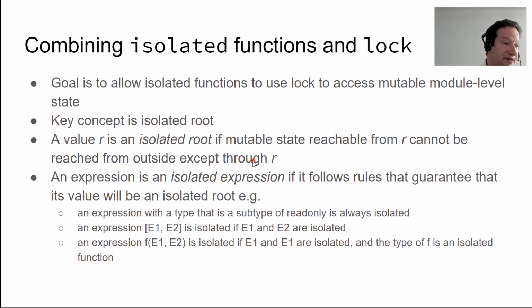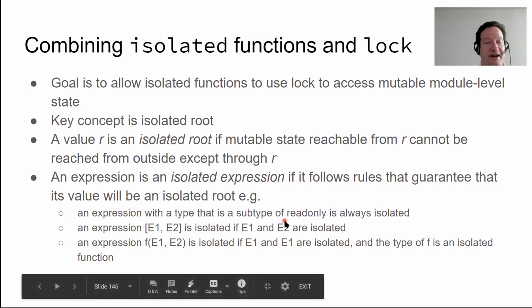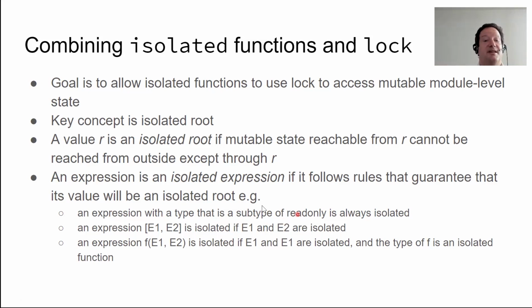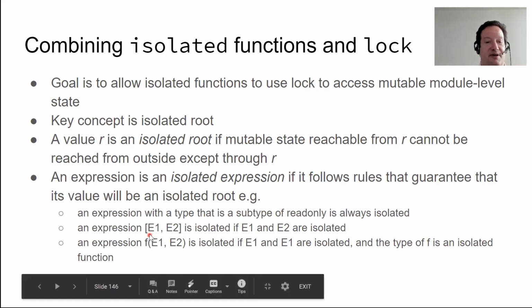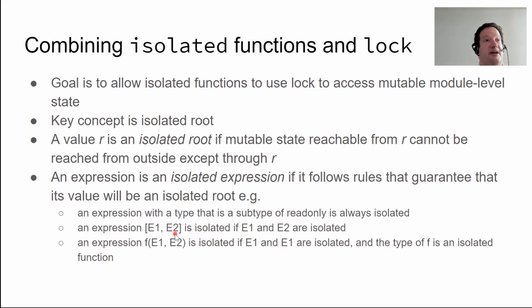So for example, we only care about mutable state for this. If I have an expression with a type that's read-only, that's an isolated root because there's no mutable state there. Another simple example is an expression that constructs a new mutable value, say a construction that creates a two-tuple.